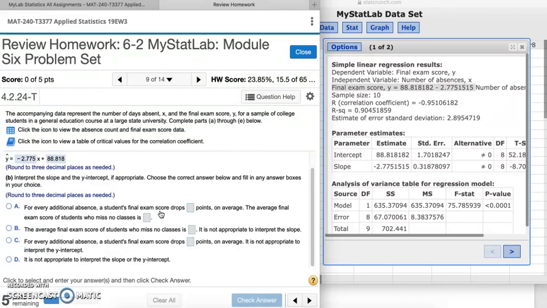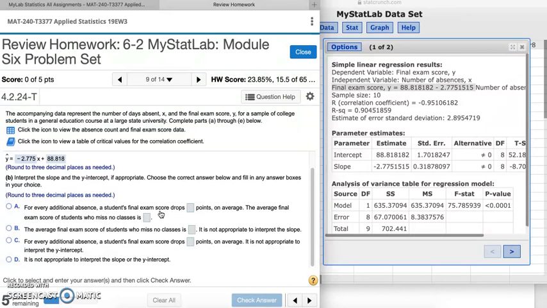Part B, interpret the slope and the y-intercept if appropriate. Choose the correct answer below and fill in any answer boxes in your choice. The one time your intercept is really not going to be appropriate to interpret is if 0 is not a possible value or is not in the range. Your intercept is what your y value is when X is equal to 0.